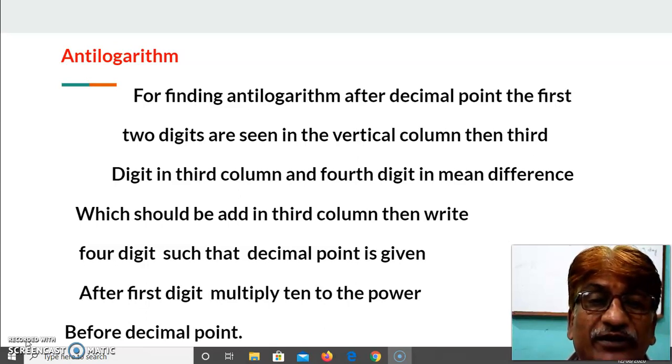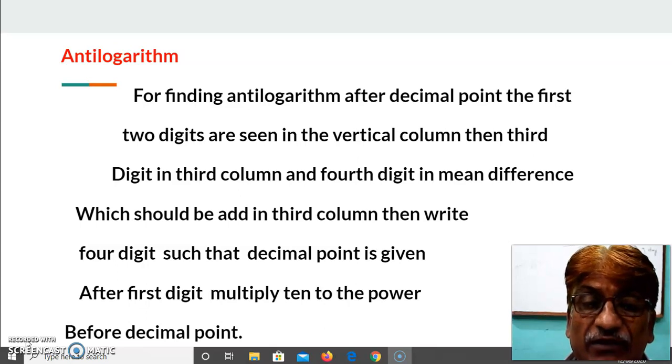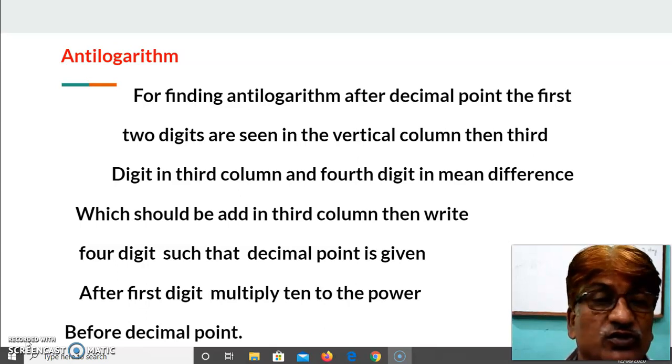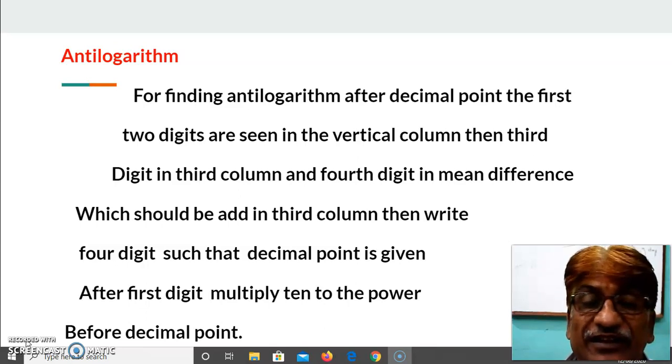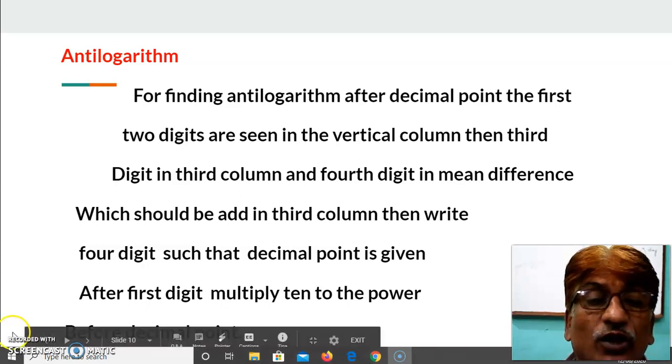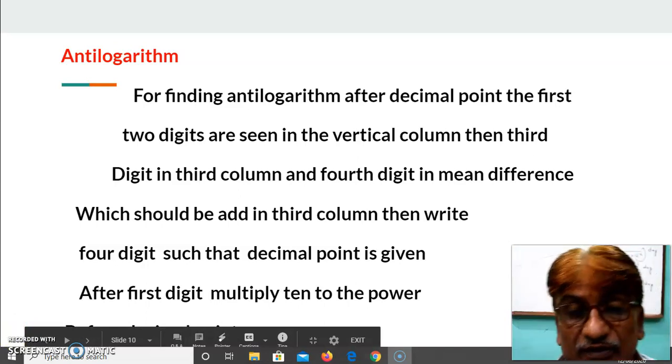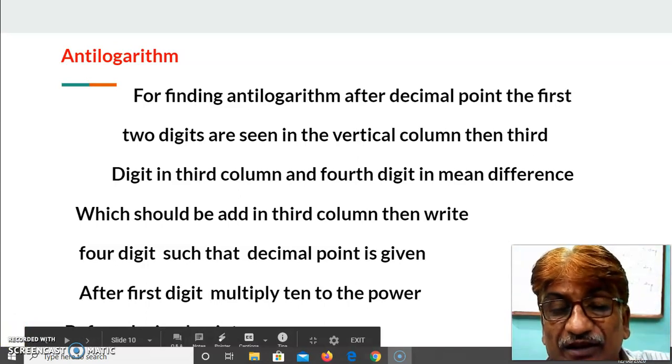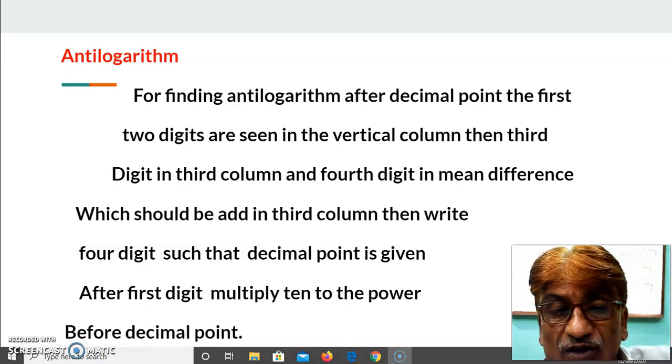After the decimal point, 4 digits are given. The first 2 digits are seen in the vertical column. Then the third digit is seen in the third column or third row. Third row, 3 is given in the row and that third column.